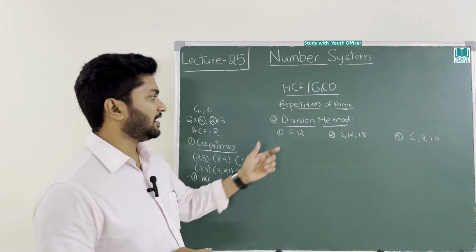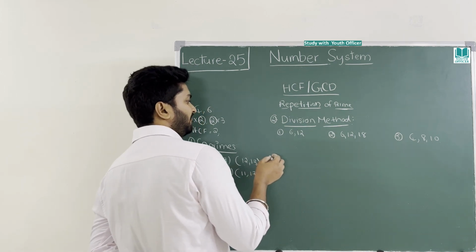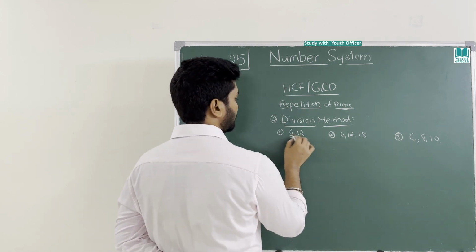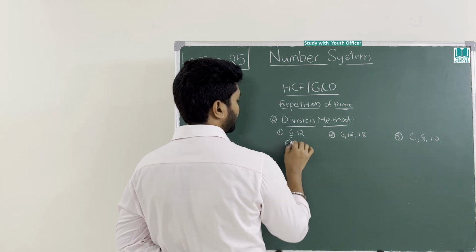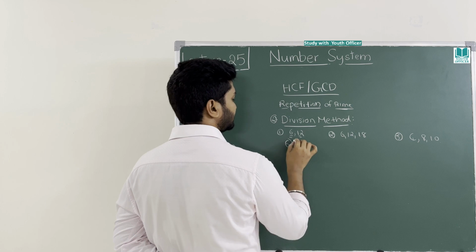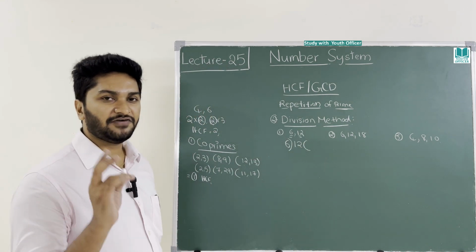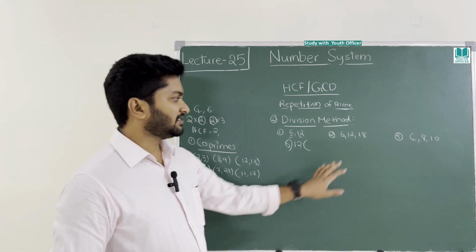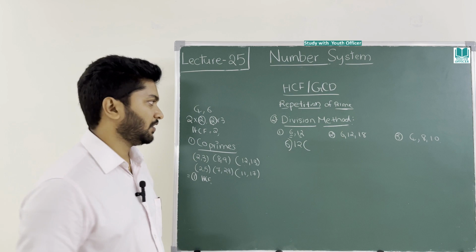Whenever you are calculating HCF using this division method, how do you find it? Whatever is the small number, that is the divisor, 6, you put it here. Whatever the biggest number is, you put it here. When you are calculating for 2 numbers, even if they ask you to calculate for 3 numbers, first you have to find only for 2 numbers.